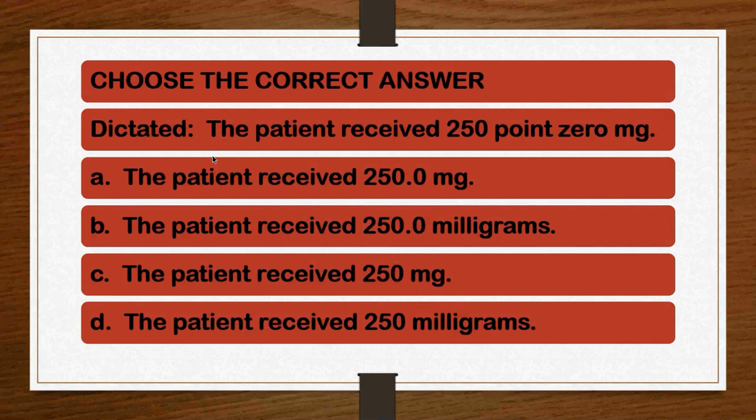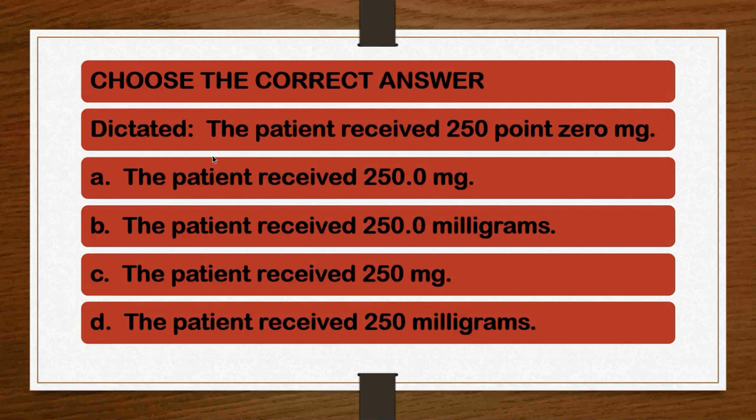Okay, let's go to the next one. The patient received 250.0 milligrams. Which one is correct? Okay. I think almost everybody got that one.